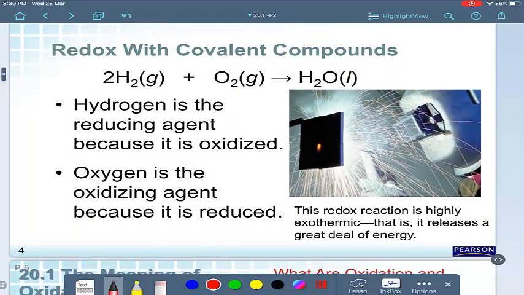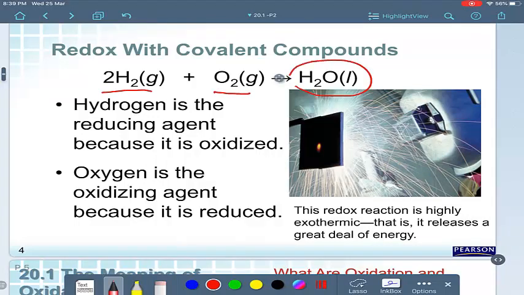Let's see this reaction, the same reaction. A hydrogen molecule reacts with oxygen molecules to produce water. Hydrogen here, as I said, is oxidized because it loses electrons, so it's the reducing agent. Yes.